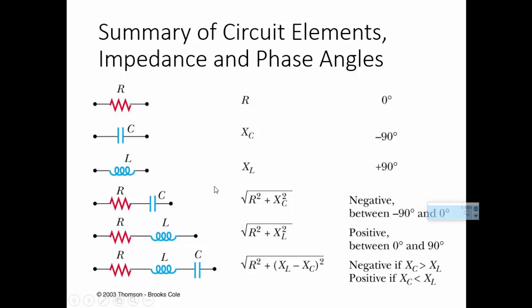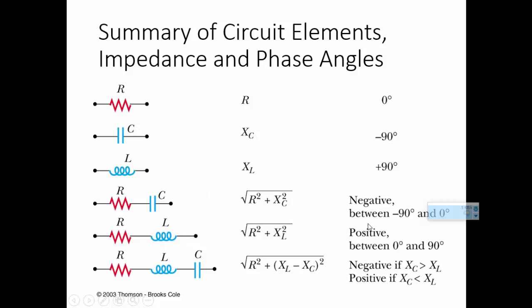Now I want to mention, guys, that the resultant impedance when you have a resistor and a capacitor can be calculated as the square root of R squared plus XC squared, right? I'll show you how we draw the phasor diagram for all of this.